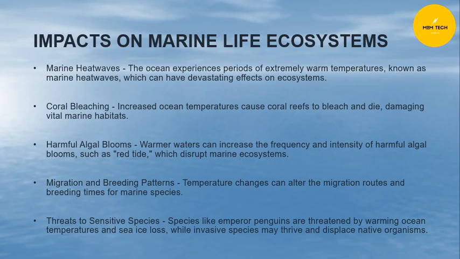Now the impacts for marine life and the ecosystem. Heat waves are pretty bad overall for everything that lives in the ocean. Coral bleaching means corals expel the algae that is attached to them, due to stress and the temperature rise, and that's pretty bad because that's part of an ecosystem responsible for 25% of marine life.